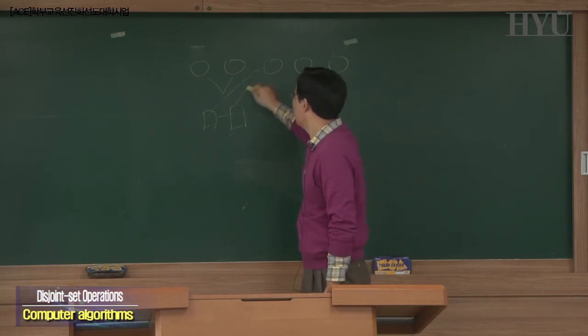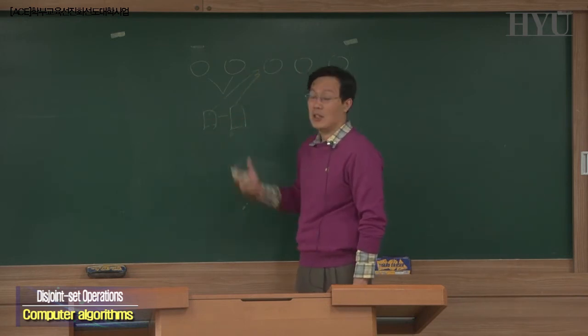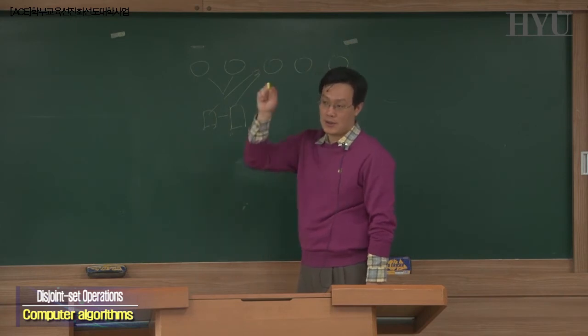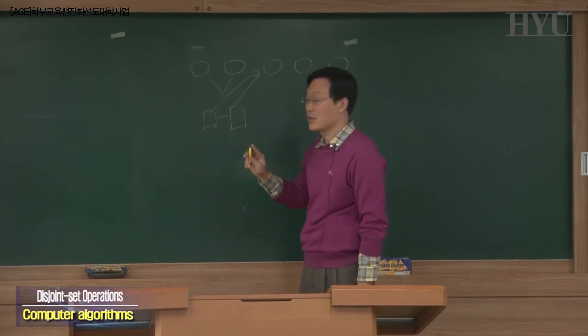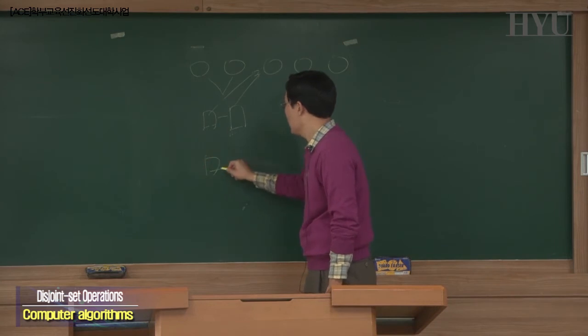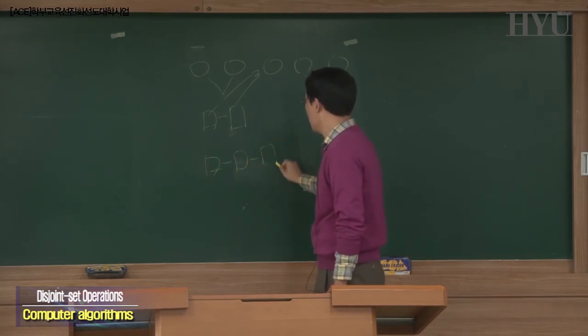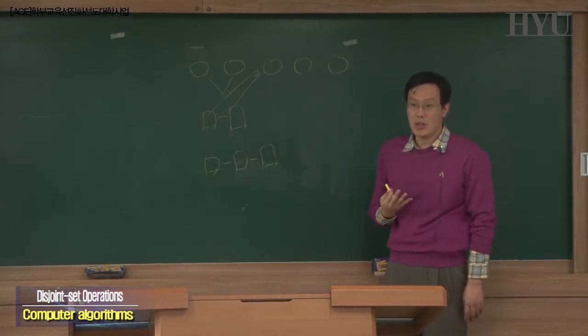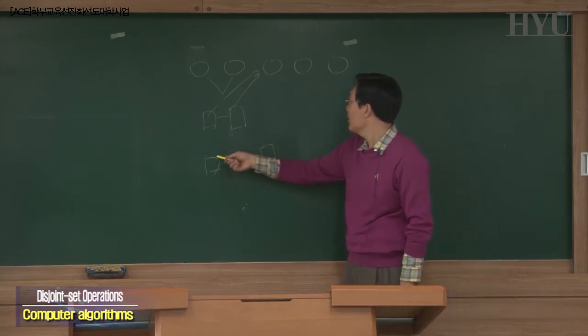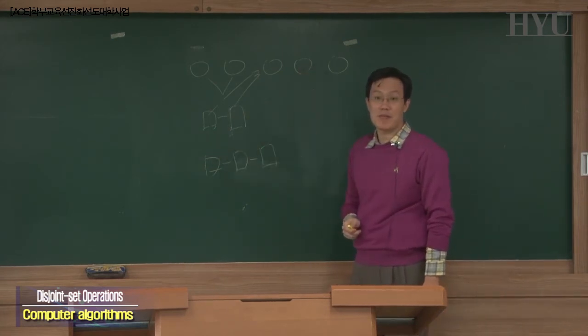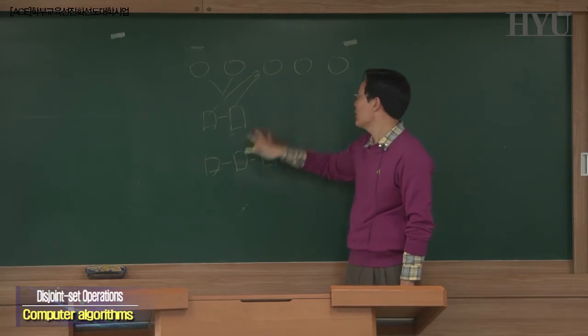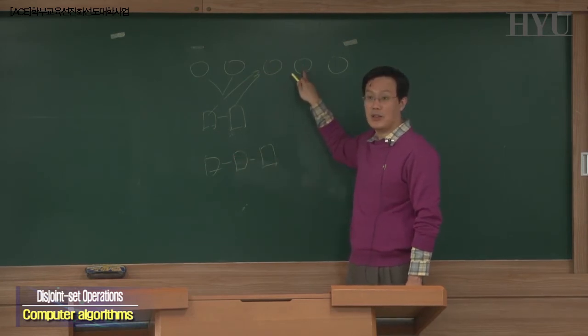Then we have to change the representative pointers. Then we can create a list with 3 nodes, and this becomes the next representative, and we attach this to this single list.